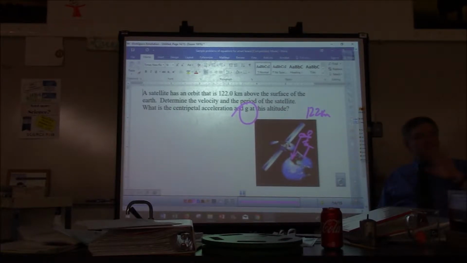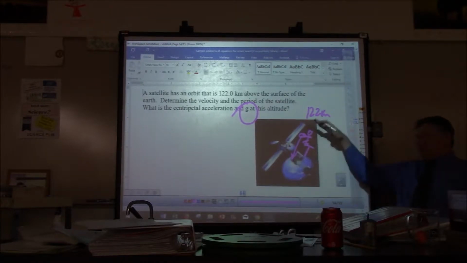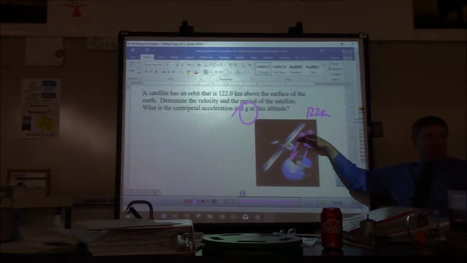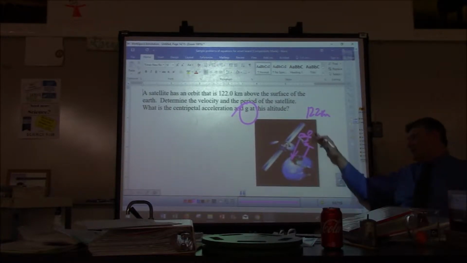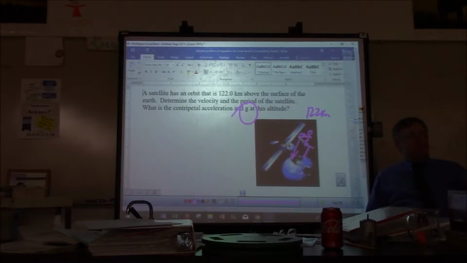Now, before you even touch a calculator, I'm 122 kilometers above the surface of the Earth, which is about 60 miles, roughly. I'm going to drop a golf ball. Is my acceleration at that altitude going to be bigger or smaller than 9.8 meters per second squared?